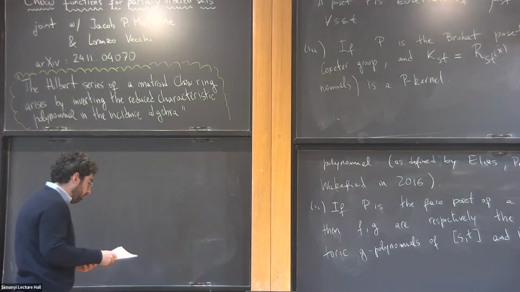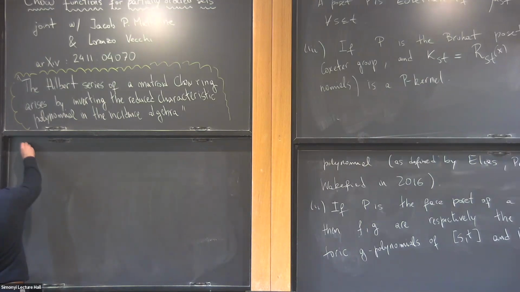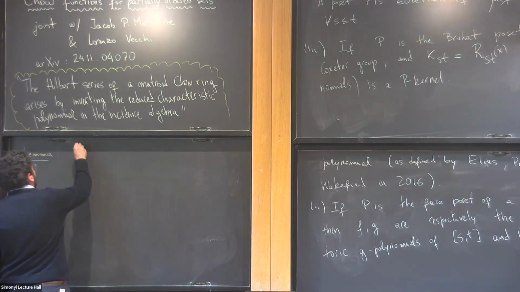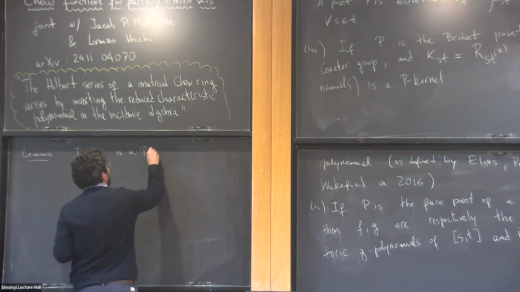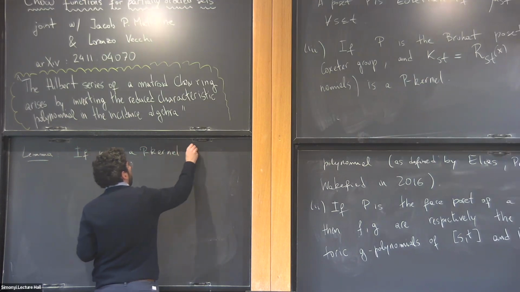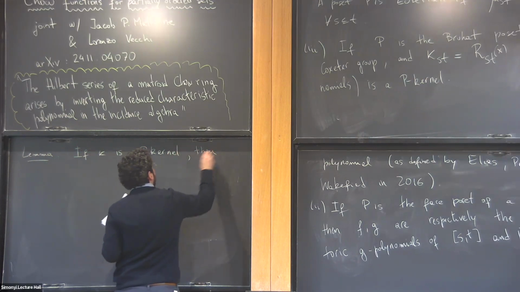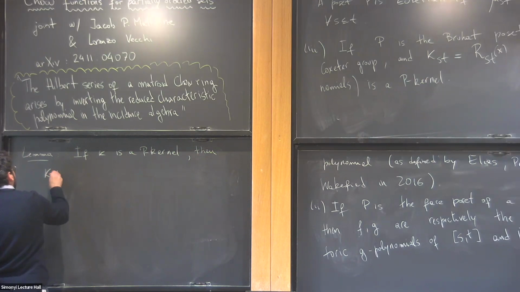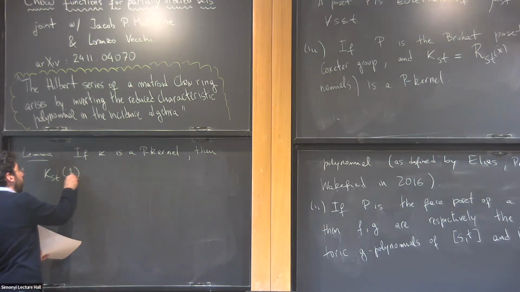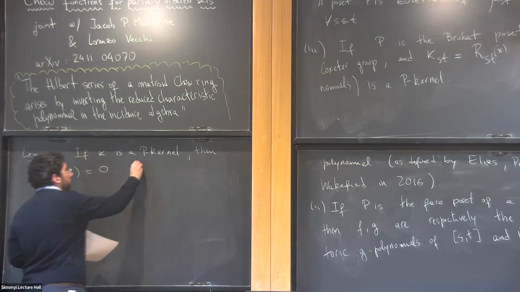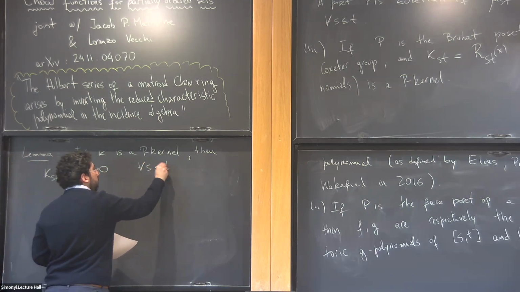So first of all, a lemma: if kappa is a P-kernel, then kappa s t is a polynomial, and I can evaluate this polynomial at x equals 1. If I do this evaluation, this is 0 for all s strictly smaller than t.